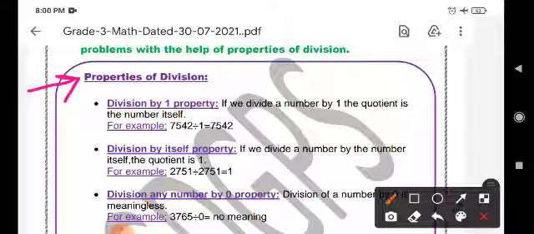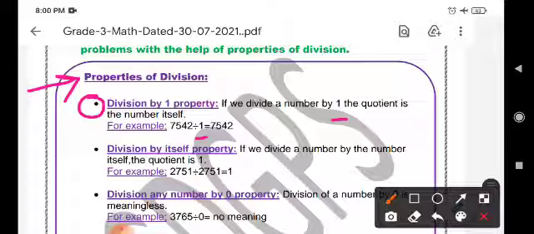So, let us learn about the first property, that is division by 1 property. When you have the number 1 as your divisor. What is a divisor? The number by which we divide. If we divide a number by 1, into one group, the quotient is the number itself.